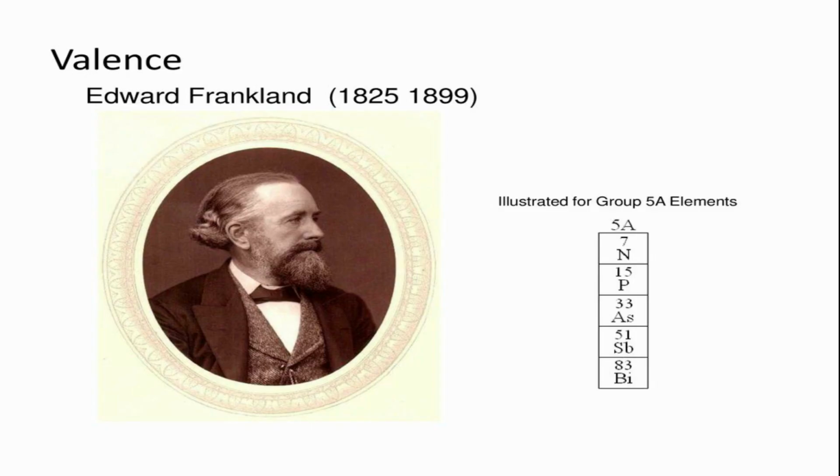Then in 1852, by studying the reactions, Edward Frankland said atoms behave in a particular manner. They combine with a proper number of the other kinds of atoms. So they have some specific behavior about their valence. Means an atom can combine with a limited number of atoms of another element.